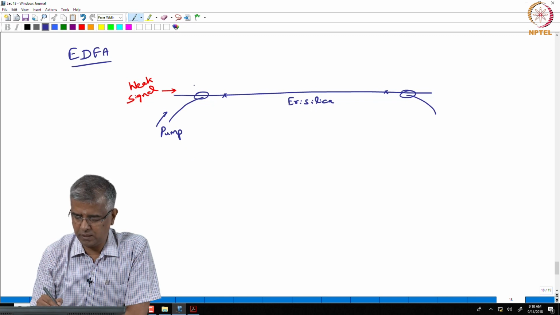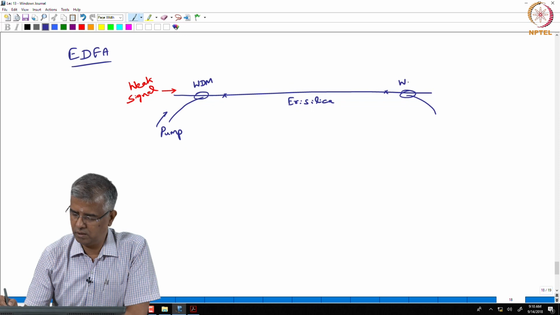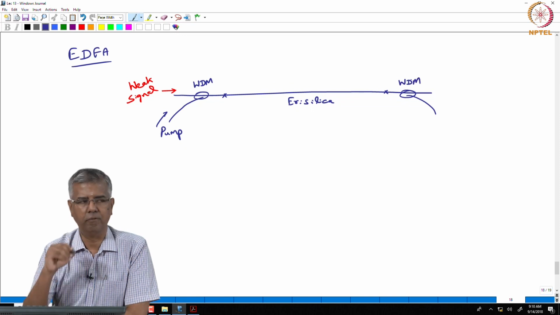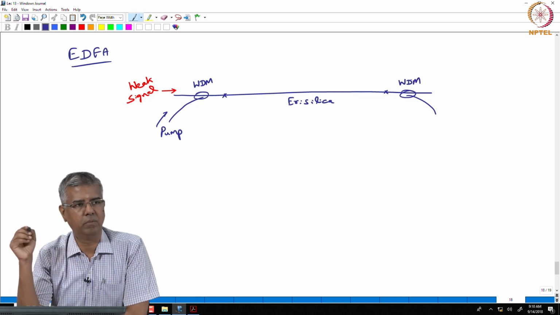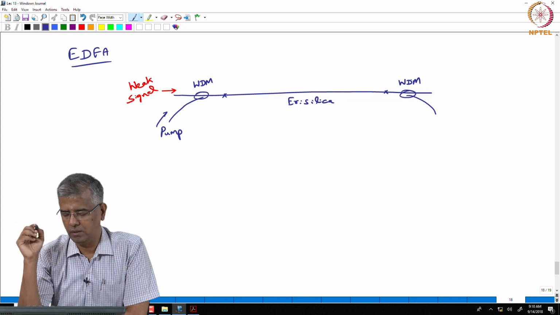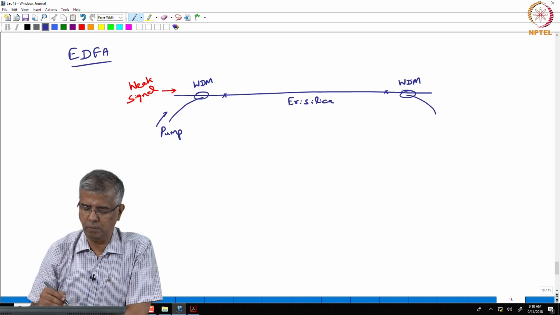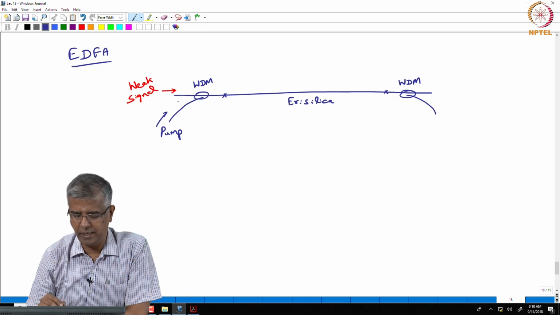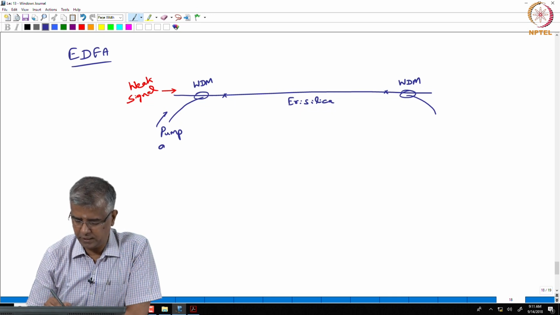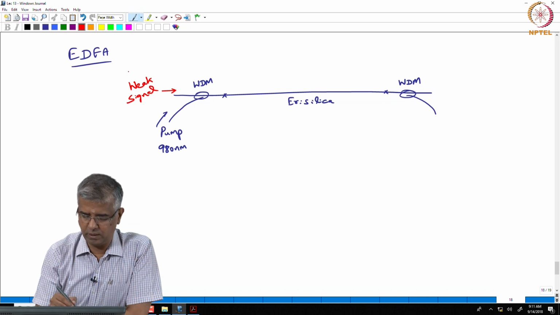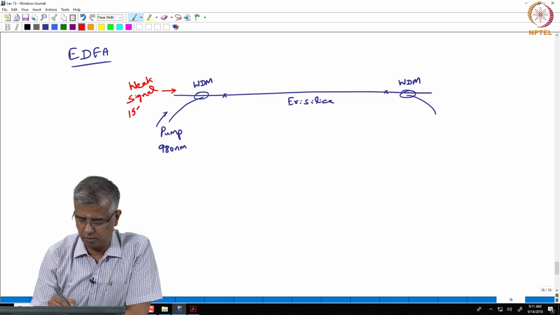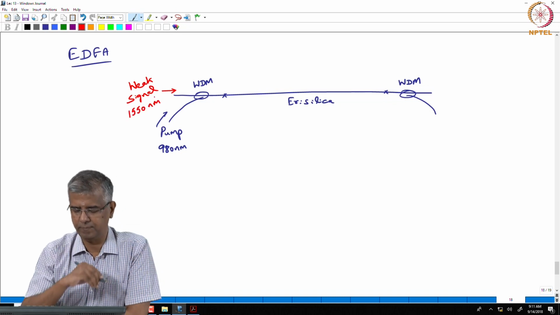These fiber couplers are called, in short, WDMs. It stands for wavelength division multiplexer. Okay. So, in this case, on the input side, it is combining two different wavelengths. The pump radiation at 980 nanometer is combined with the signal radiation, let us say at 1550 nanometer.